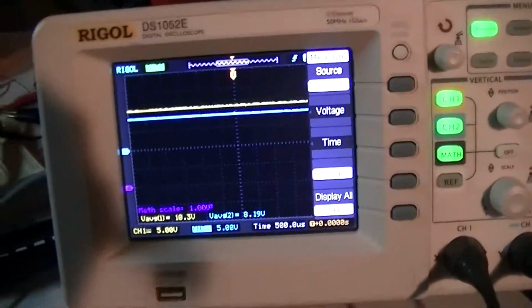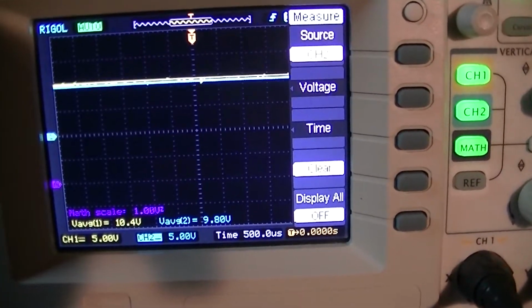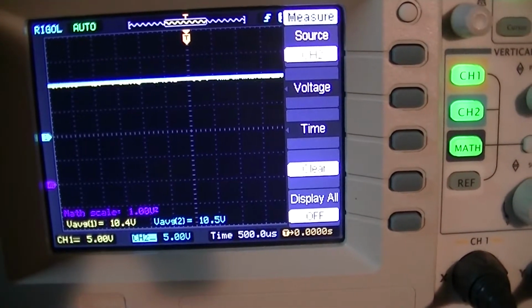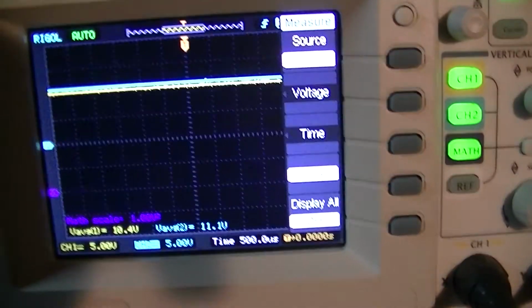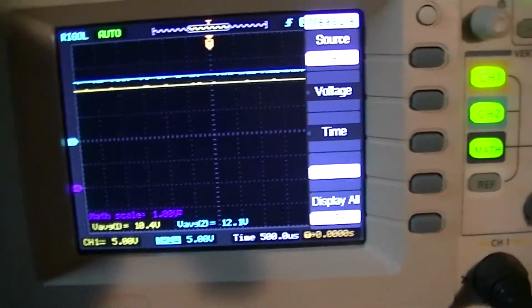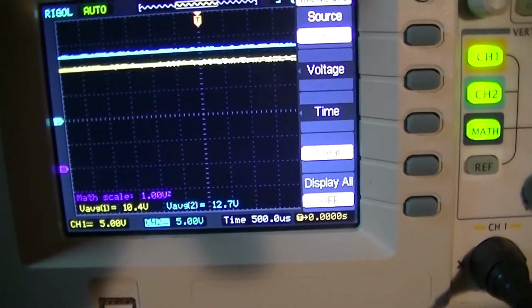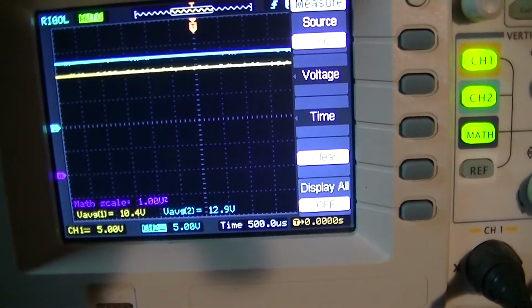Channel 2 obviously is across the capacitor. So they're both in the same position. You can see it goes to about 13 volts, and you can see it climbing here as an average. And there we're at 13.